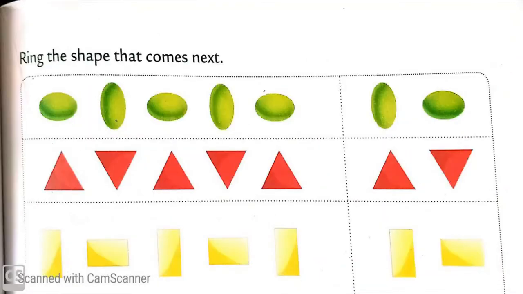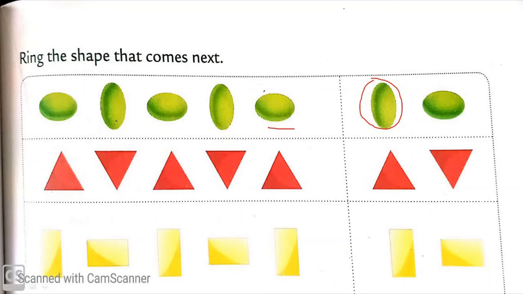Now ring the shape that comes next. If we want to complete the given pattern, what should we do? Observe the shapes given. Okay. After observing this pattern, we can say that after this shape, this will come. So we have to ring this. Okay. Look at the pattern of triangle.